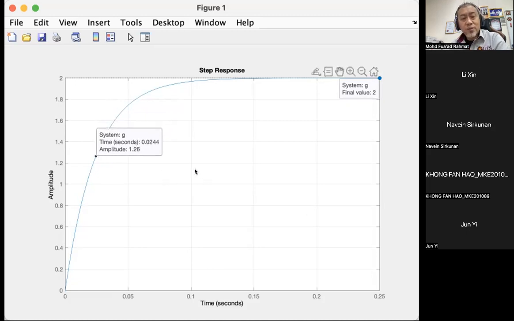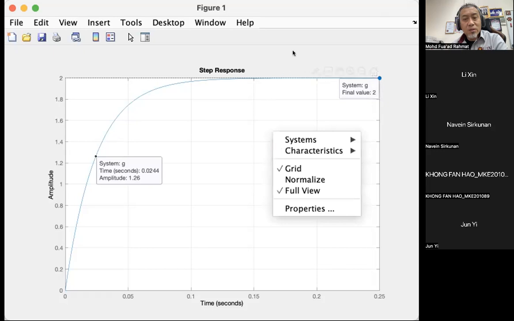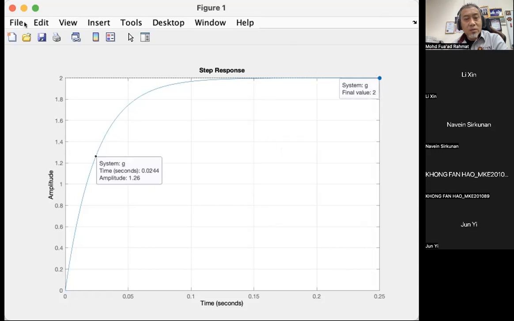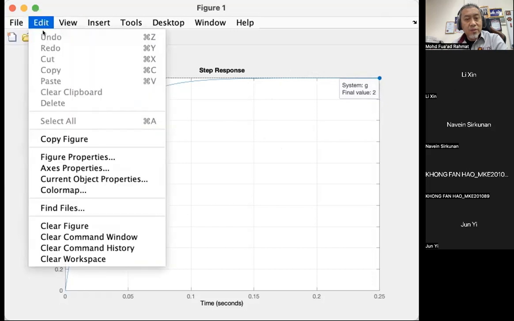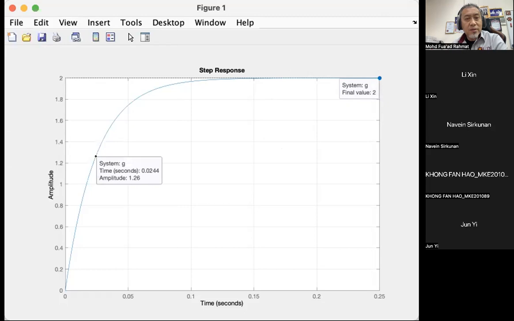So that is the time constant, which is equal to the data that is given in the slides.